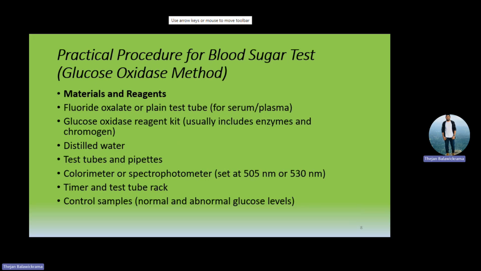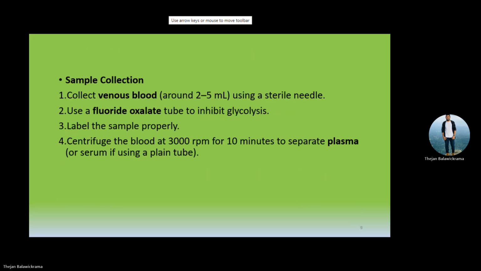When we say control samples, we have a normal glucose level sample, meaning the normal reference range, and the abnormal levels, the two edges: very high glucose level and very low glucose level. These are the things that we need for carrying out this experiment. So, how do we collect the sample?